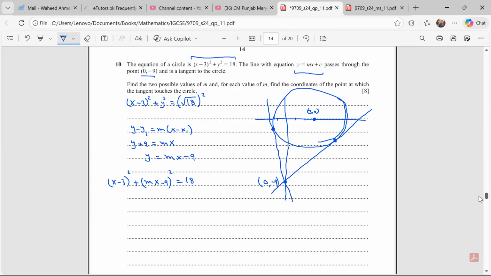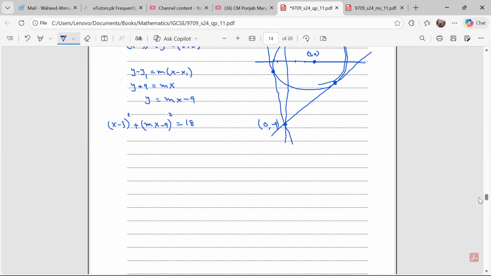If I expand this square, it is x square minus 6x plus 9, and this is going to be m square x square minus 18mx plus 81, minus 18, equal to 0. Am I right? So if I collect the like terms, it is going to be (1 plus m square) times x square, and then minus 18mx and minus 6x.